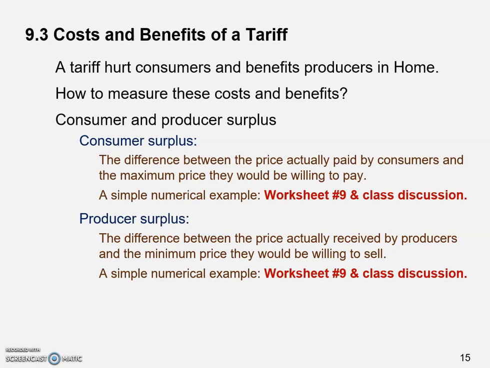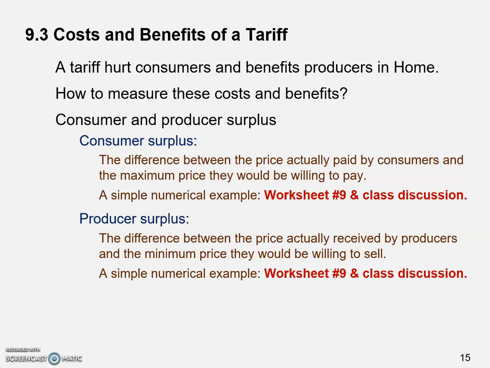Okay, producer surplus is defined in a similar way. It's the difference between the price actually received by producers and the minimum price they would be willing to sell. Once again, if the market price for a bottle of drink is just $1, that's how much the producers will receive per bottle.